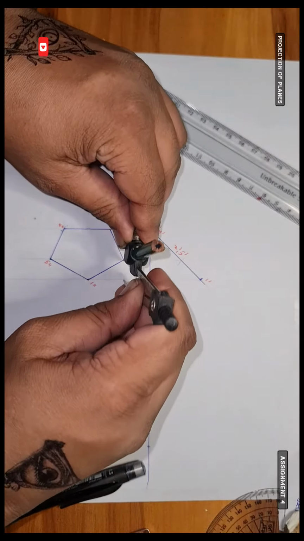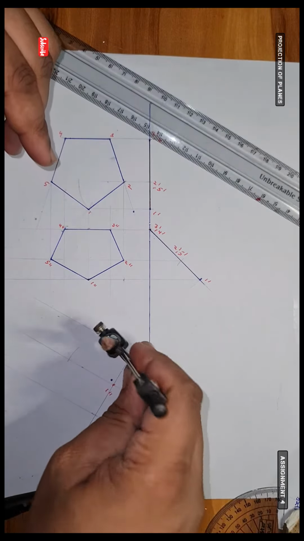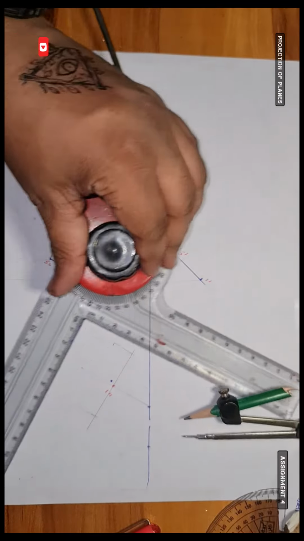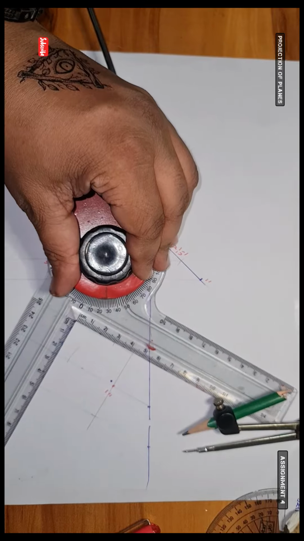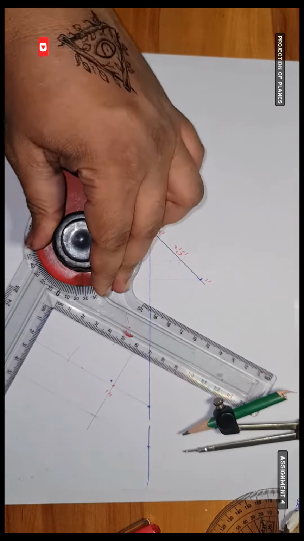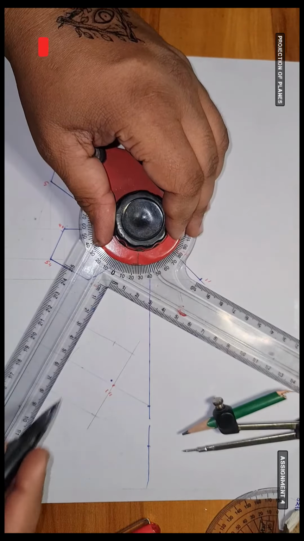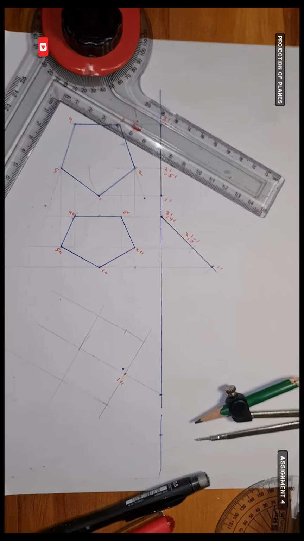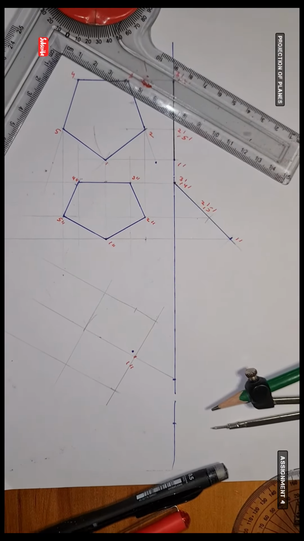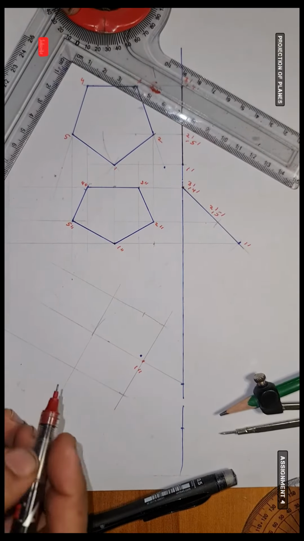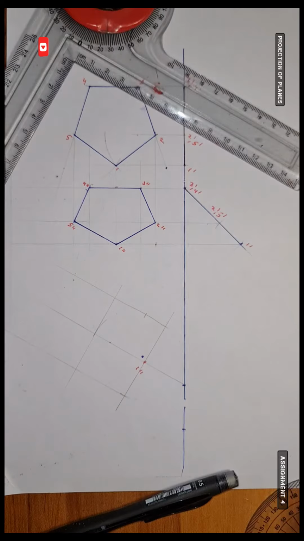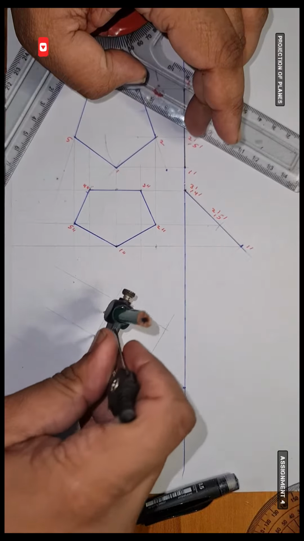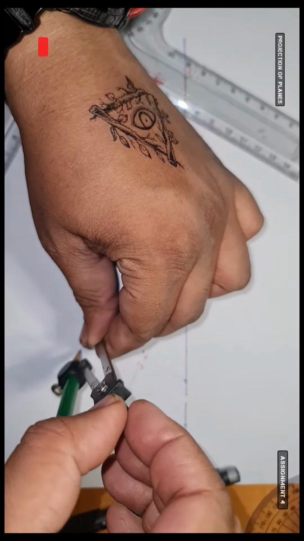Okay, this distance over here. Now you take the compass again and find out this distance. The same is on this side.